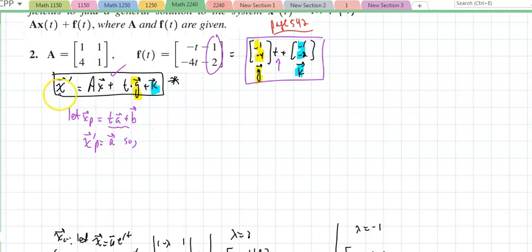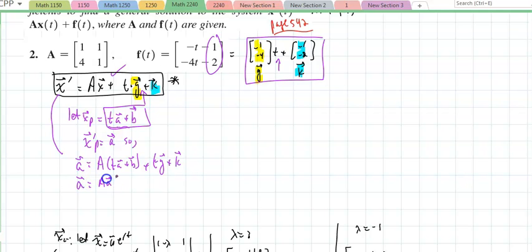So, if I substitute that in, this says A equals AX, but we just agreed that X was all of this: tA plus B, plus tG plus K. And now I'm trying to find A and B. Remember, I know what G and K are. So, if I play with this right, A equals AAt plus AB plus tG plus K.